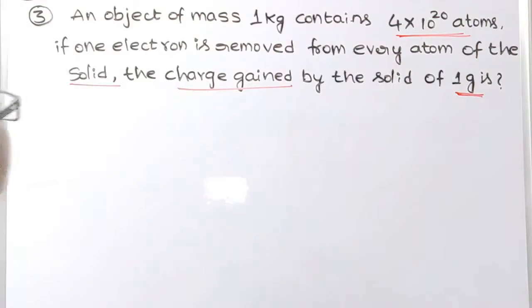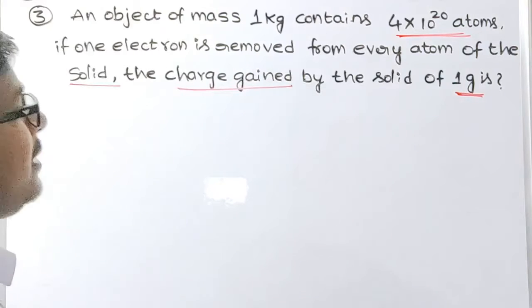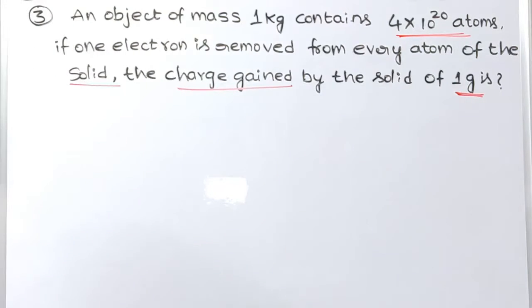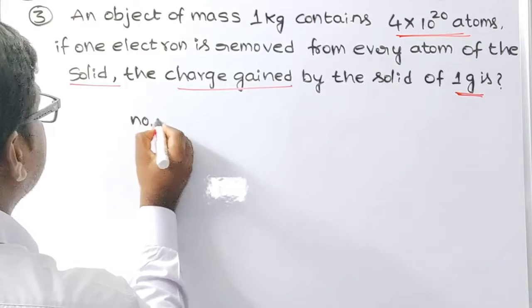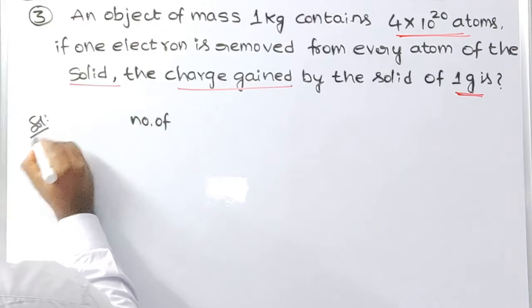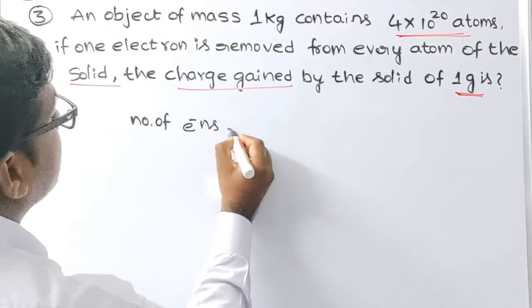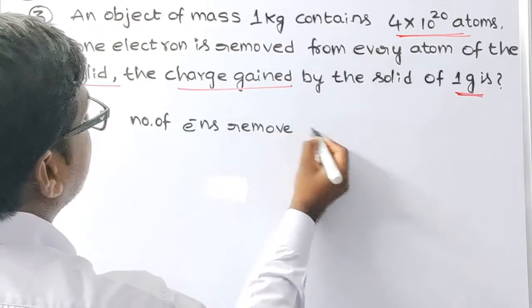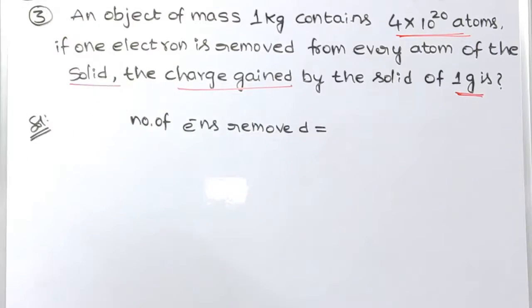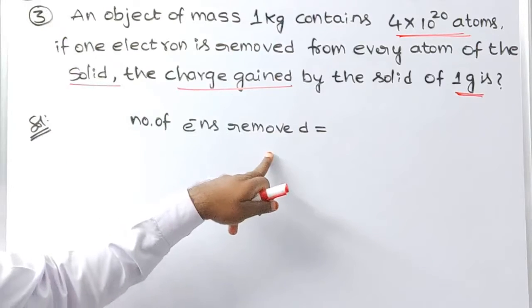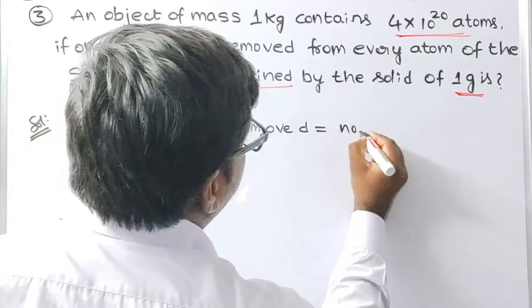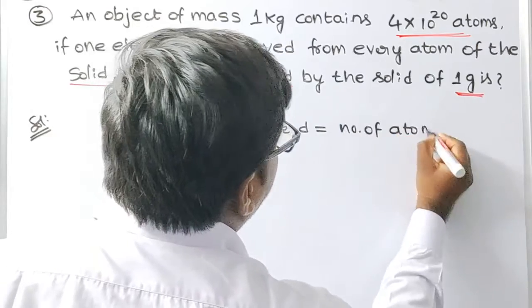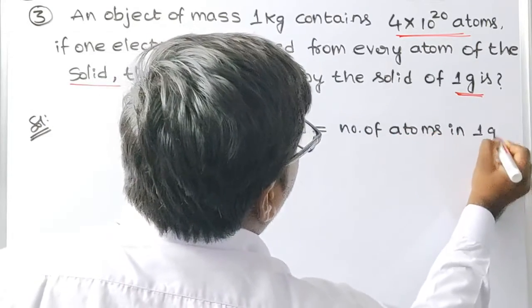The number of electrons removed is equal to the number of atoms in 1 gram.